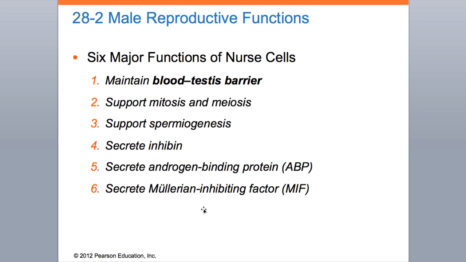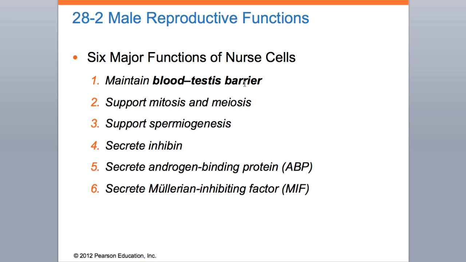Okay, now, this slide is important. 6 major functions of the Sertoli cells or nurse cells. Earlier I told you that it protects or guides or acts like a nanny to the new developing sperm. That's because it maintains the blood-testes barrier.